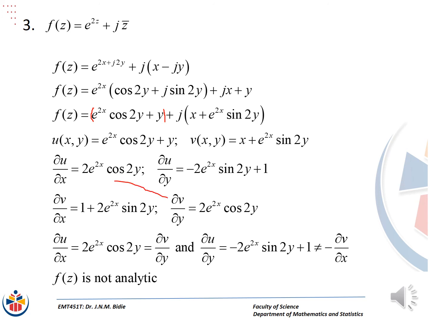That equality holds. But then we come to du over dy, which is supposed to be the negative of dv over dx. The only negative term is the first one, but the second one is not. So that means that equality does not hold. Hence, again, number 3 is not analytic.